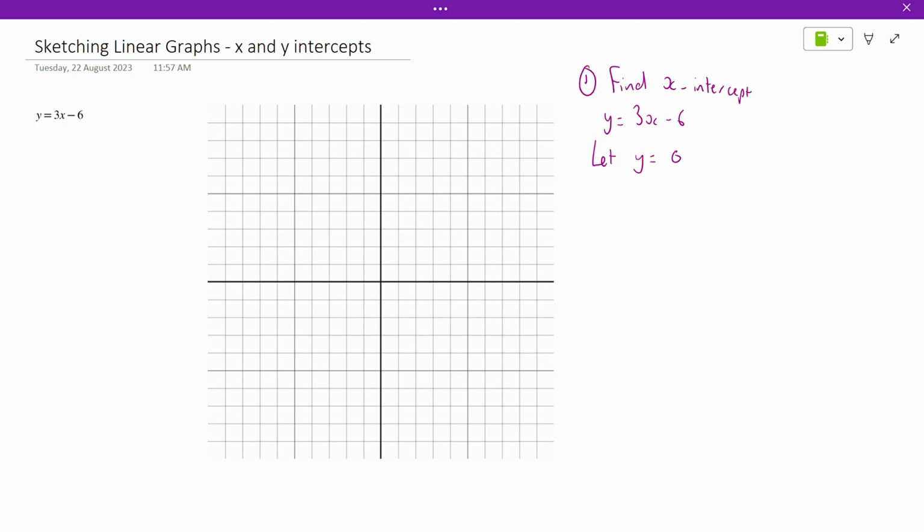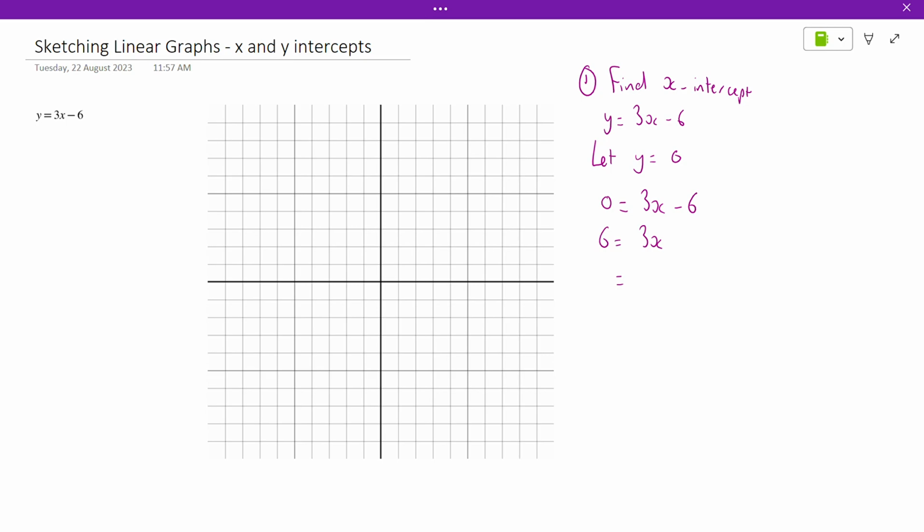I'm going to then have 0 instead of y, equals 3x minus 6. I'm trying to isolate the x, or solve for x. So I'm going to add 6 to both sides. So 6 equals 3x, and now we're going to divide both sides by 3.